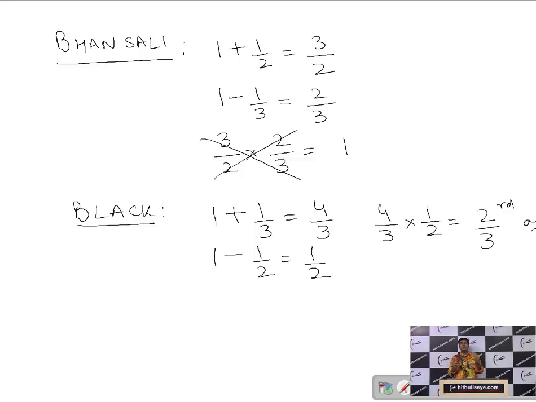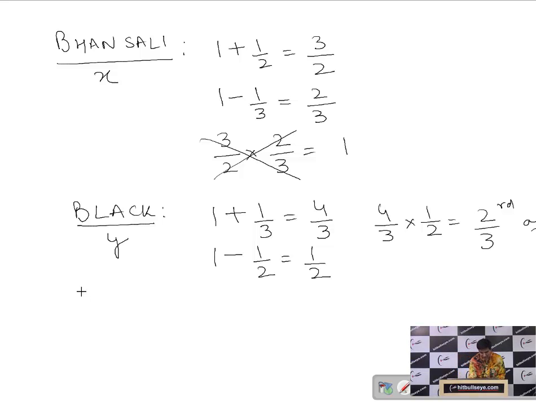Now what we need to compare is, what was the ratio of the original salaries of Mr. Bhansali and Mr. Black. Let the original salary of Mr. Bhansali be X and Mr. Black be Y. Now what we know as a relation is, after effecting these percentages, their final salary becomes equal.